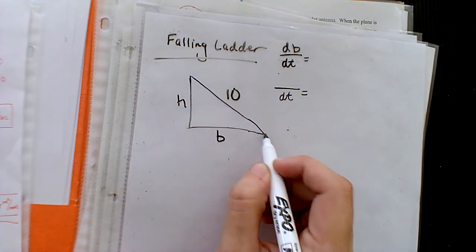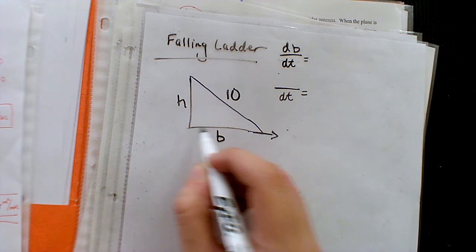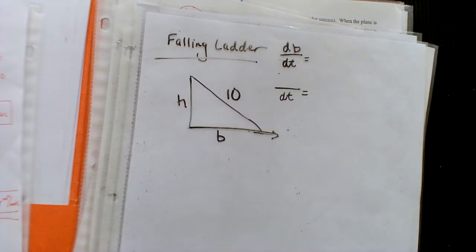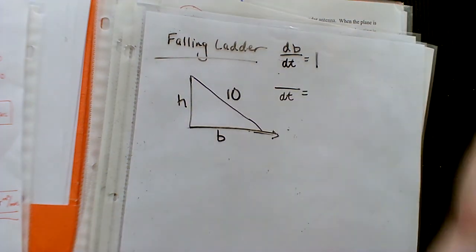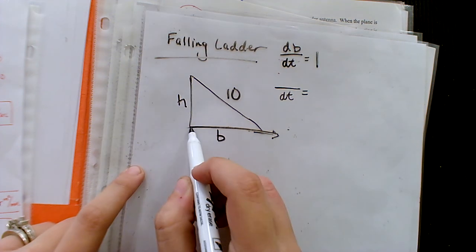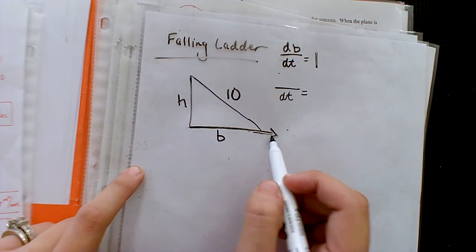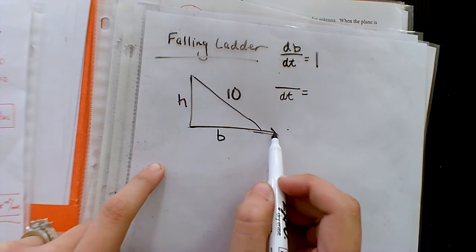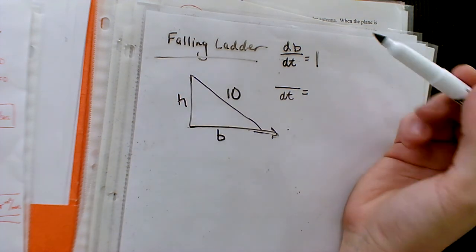Well, so the ladder's moving this way, right? So notice how the base would be getting larger. Okay, the bottom would be getting larger, so it would be +1. It said the ladder was moving away from the wall at a rate of 1 foot per second. Away, you might think negative, but notice how this distance is increasing, so it should be positive.